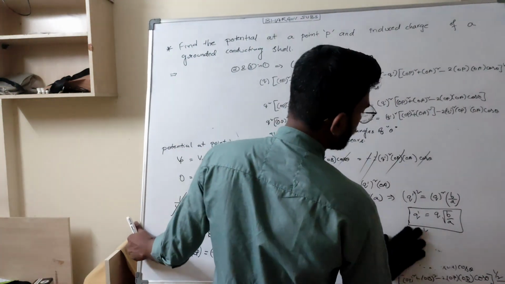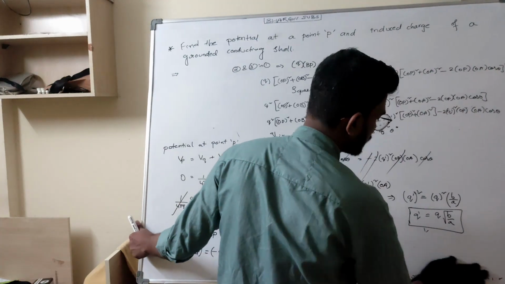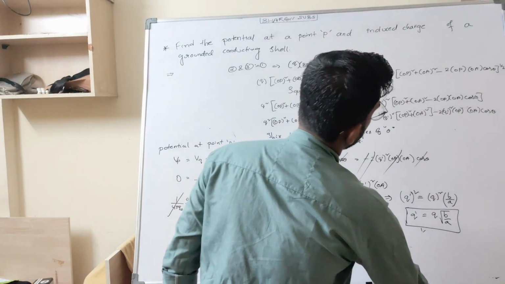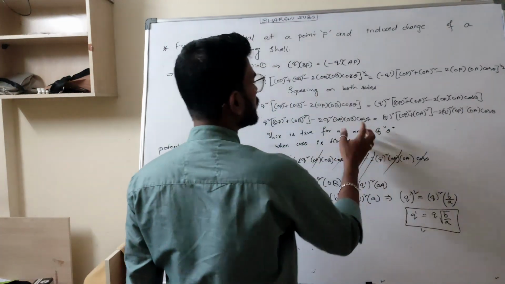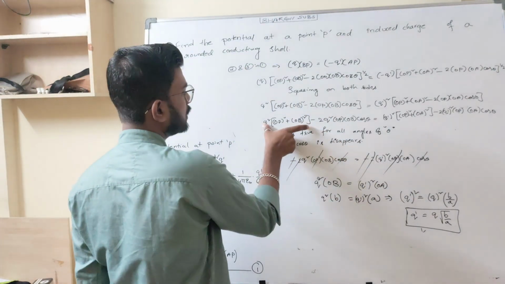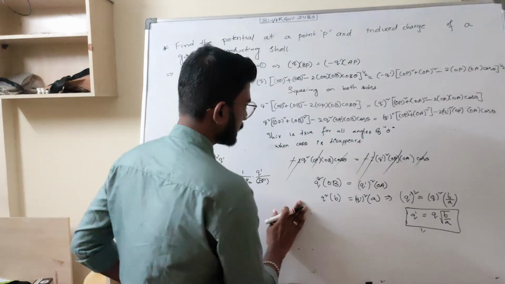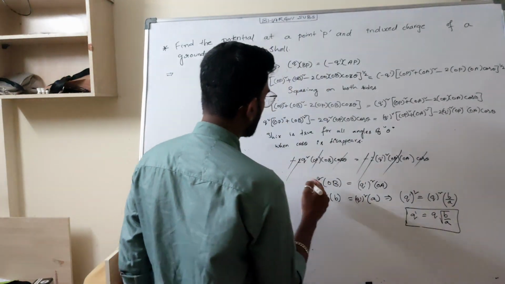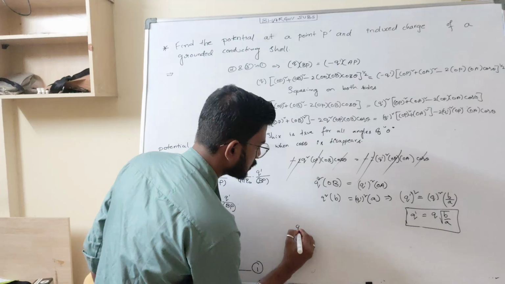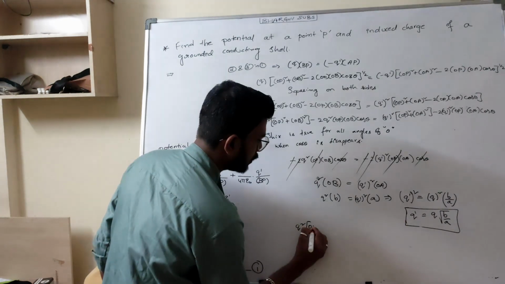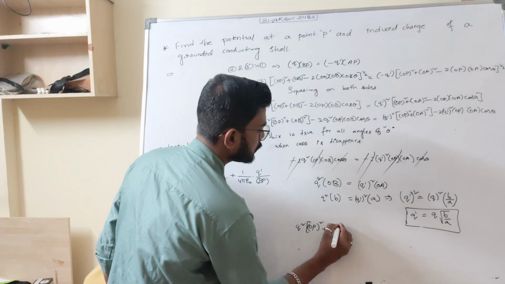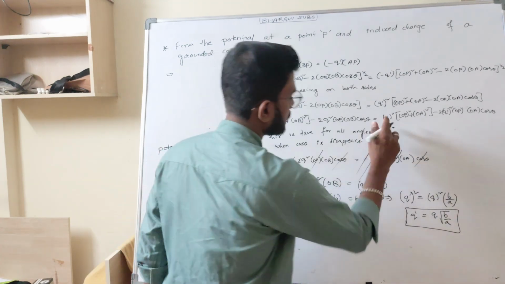So I am going to substitute in the above equation. Automatically these two terms become 0, so there is no need to take those terms. I am taking only this term and this term. So after substituting, q square into OP square plus OB square is equal to q dash square.